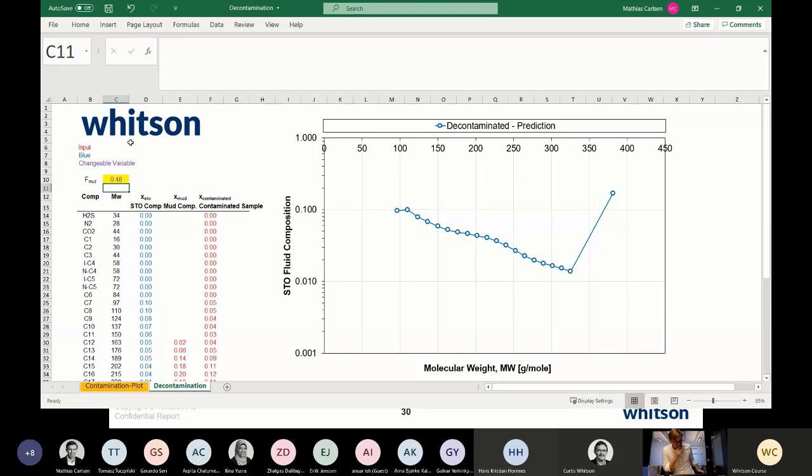So the reason why generally we are looking for a straight line is because we believe that if you have a decontaminated sample and you plot the molar distribution of the decontaminated sample, that will be a perfect exponential model. An exponential model means that on a semi-log plot, it will be a straight line, the distribution of these heavier ends.